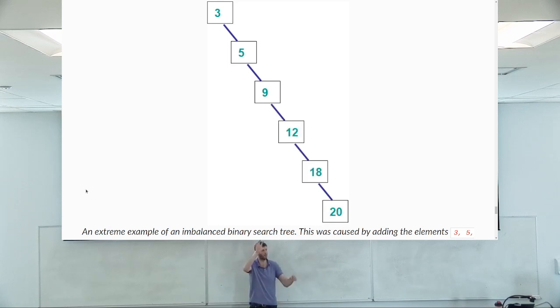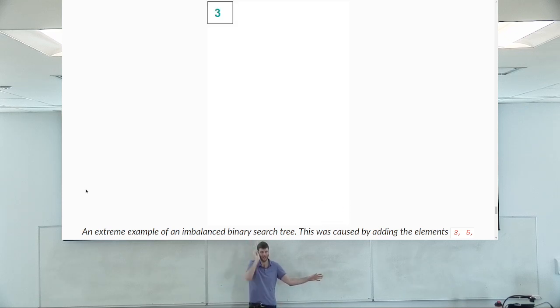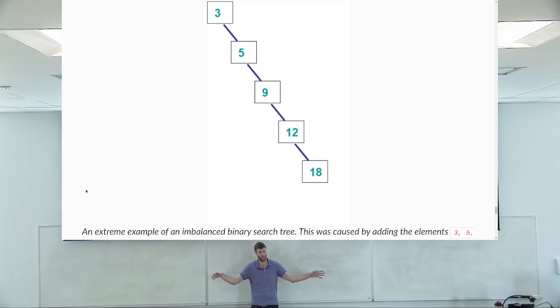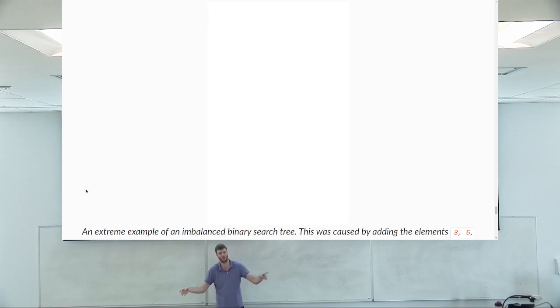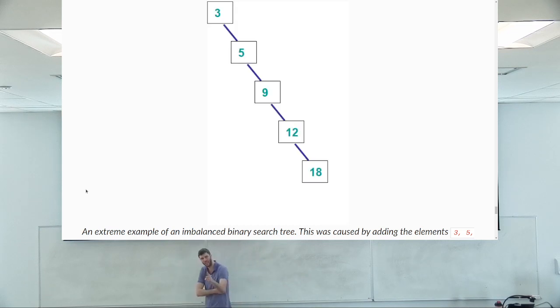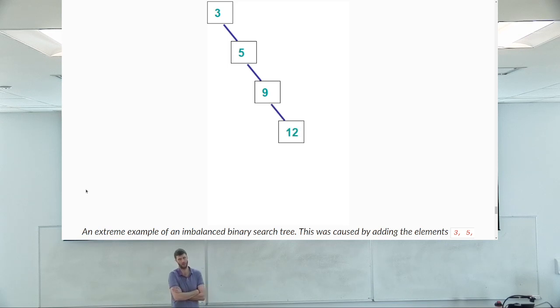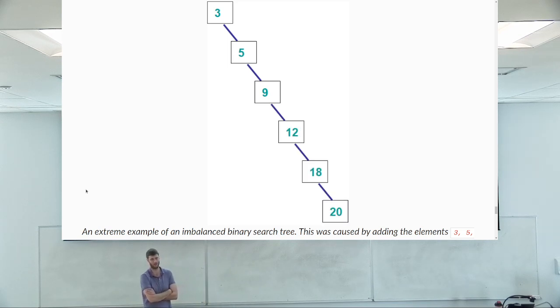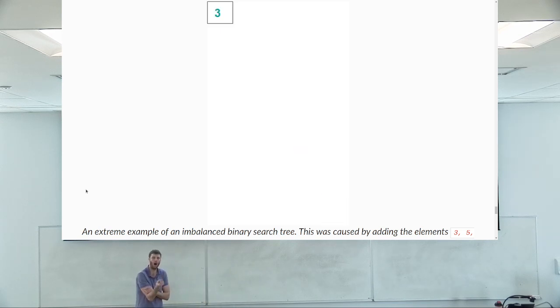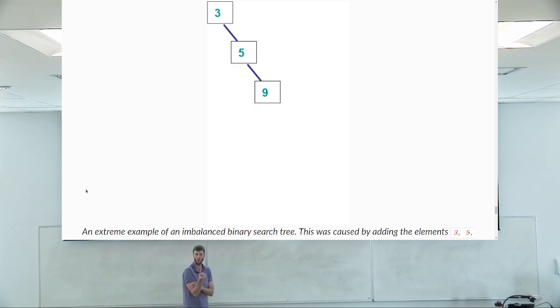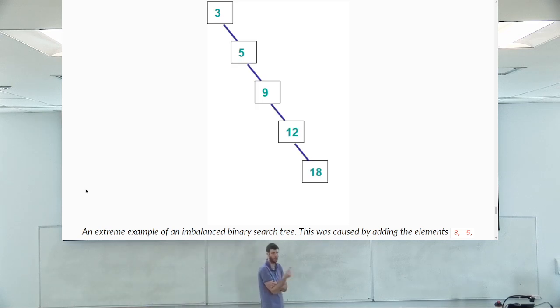If the thing we were looking for was over here, we eliminated that node, and then hopefully half of the other remaining things. We eliminate a lot of things with every check. Here, we only ever eliminate one thing every time we check, just like a linear search. Is it 3? No, go to the next node. Is it 5? No, go to the next node. We're only eliminating one thing every time we do a check, and that's a problem.